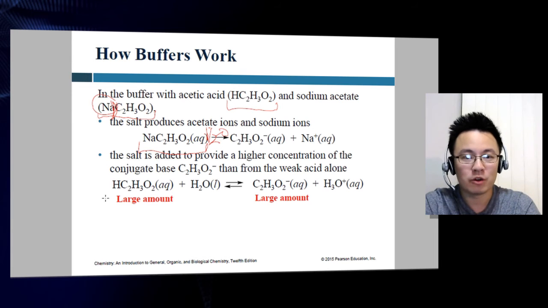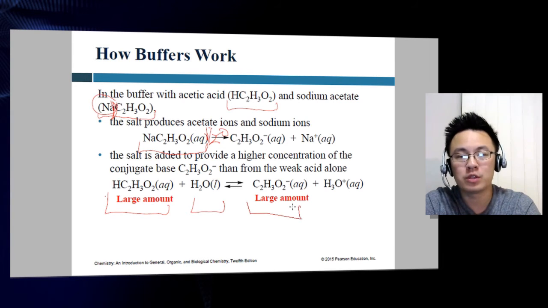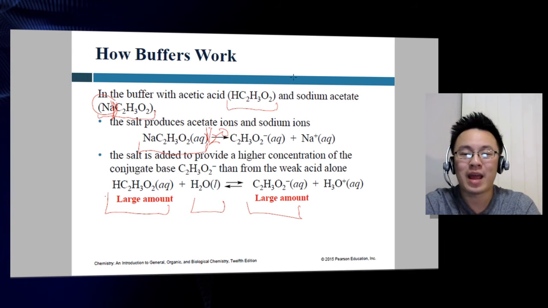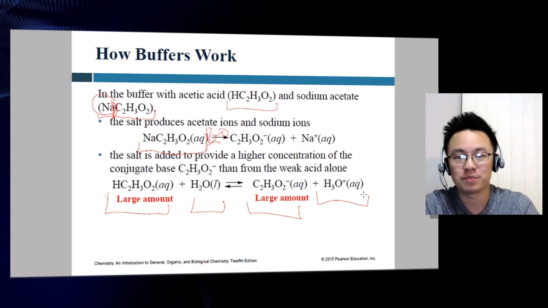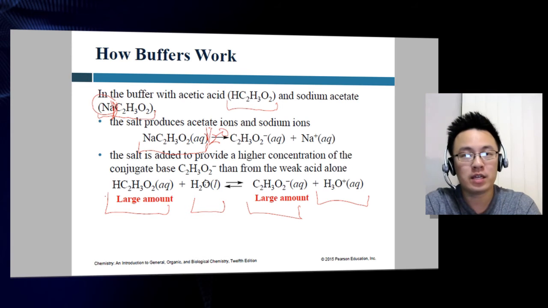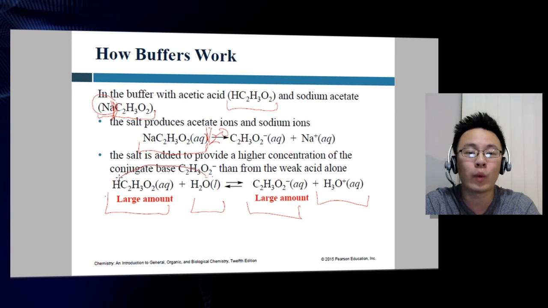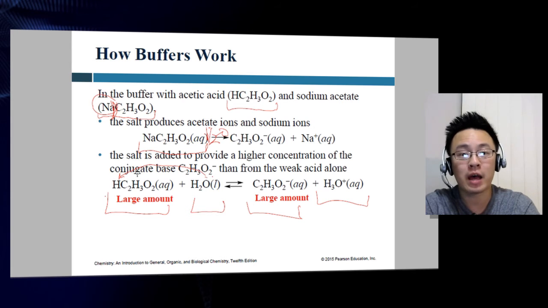So you can see here the large amounts of acetic acid mixed in with H2O will produce large amounts of acetate ion, and we have that hydronium ion as well. Once again, if you didn't catch it, don't forget that there's tons of water molecules in solution, and the oxygen on the water molecule is going to grab onto that hydrogen atom on the acetic acid, and therefore pull it away.